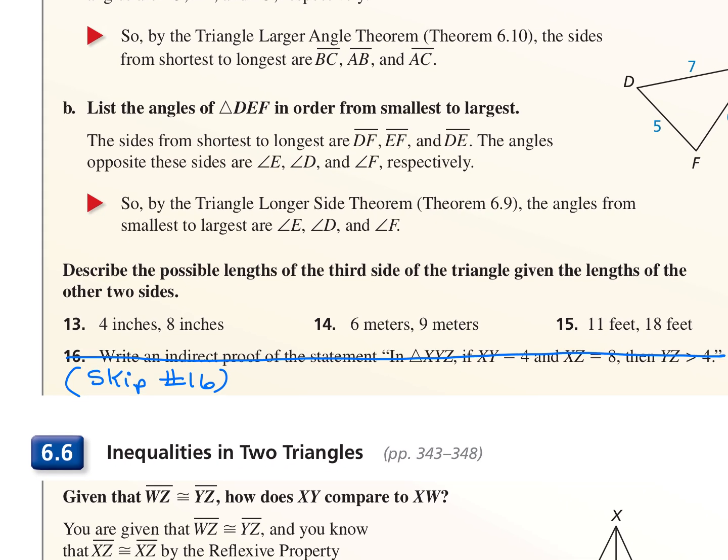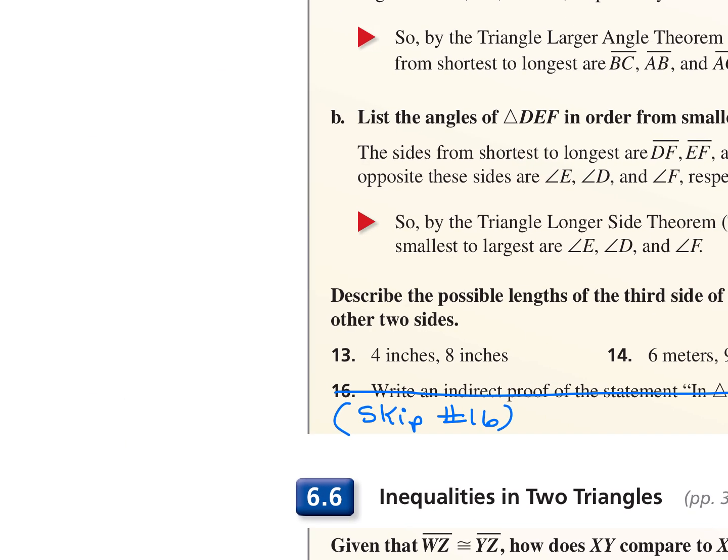Question says, describe the possible lengths of the third side of the triangle given the lengths of the other sides. So I just really needed the lengths of the sides. Keep in mind it's a range of numbers. I'm getting that range by the sum and the difference.